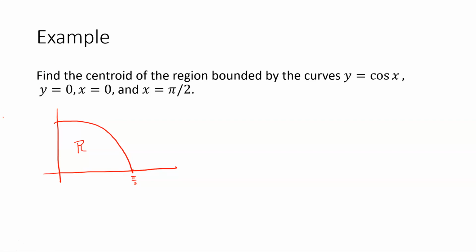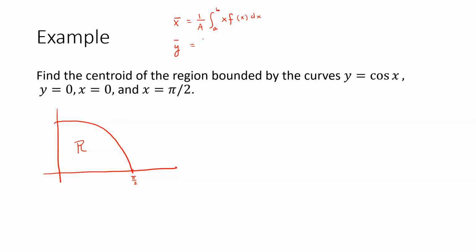So notice that this one doesn't have any symmetry that we can exploit. So we'll just use our formula for x bar and y bar. So for x bar, integral of 1 over A times x f of x.